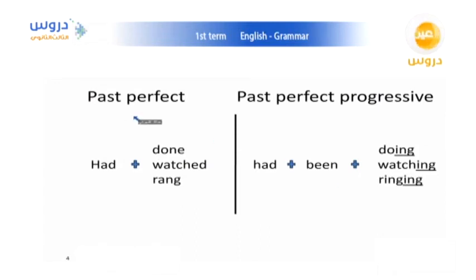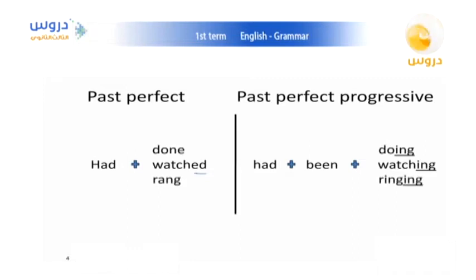So here is the past perfect: had plus the verb 3, done, which is irregular, watched, with ed here. Because for the past form of regular verbs, we just add ed.